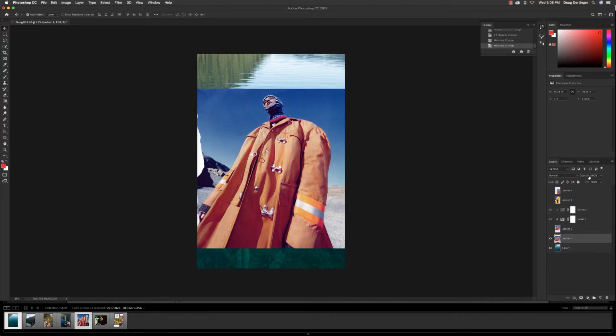But just know that opacity is connected with the blend modes and fill is connected to the channels.